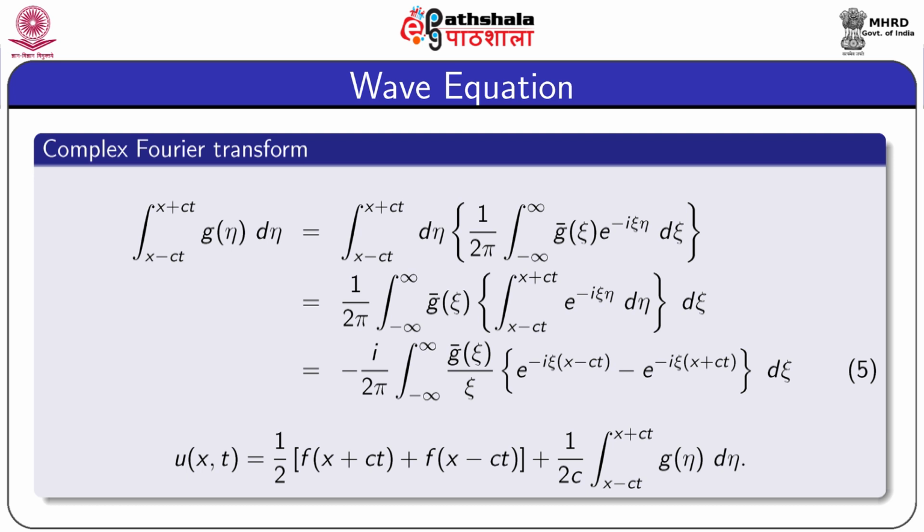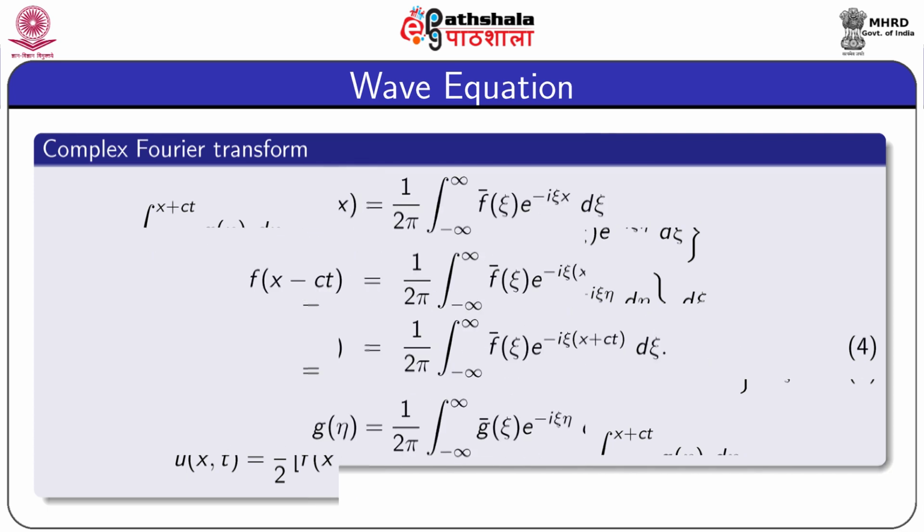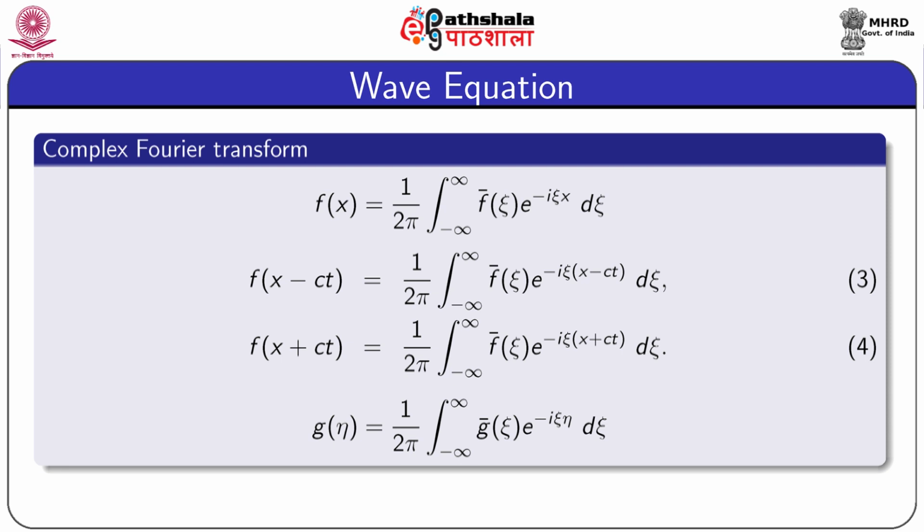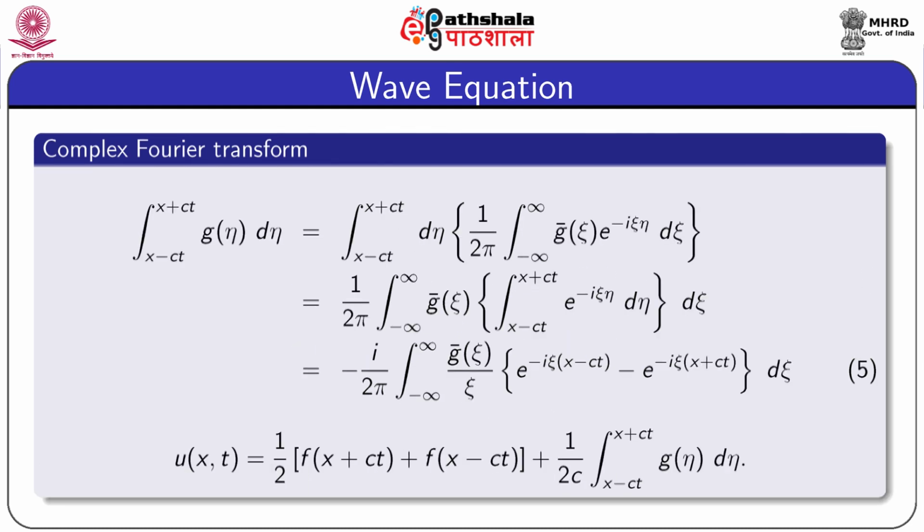Therefore, the solution u(x, t), which is given by equation 2, can also be represented in the form half of [f(x + ct) + f(x − ct)] plus 1/2c times the integral from x − ct to x + ct of g(η) dη, and this is the famous D'Alembert solution of the wave equation.